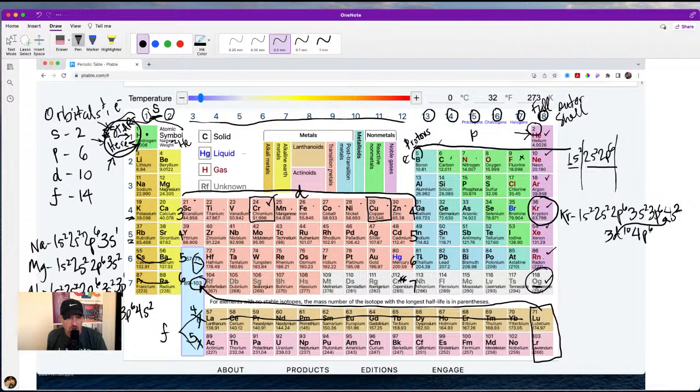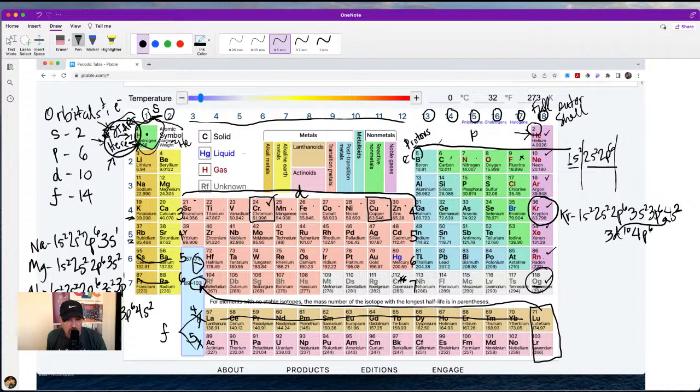Remember, where do we start? Always start at hydrogen. Always start up here. 1s2, we're going to chromium now. So 1s2 gets me across the top row. 2s2 gets me to here. 2p6 gets me to neon. 3s2 gets me to magnesium. 3p6 gets me to argon. My least favorite cookies. 4s2 gets me to here.